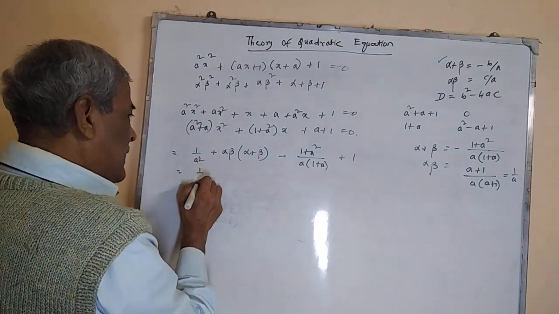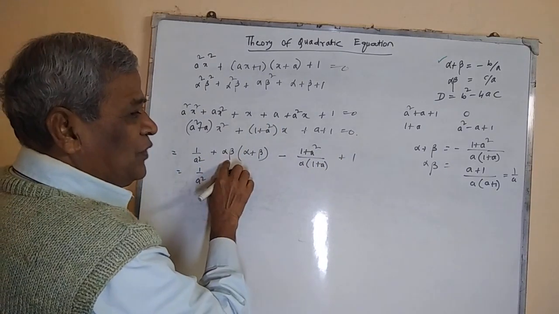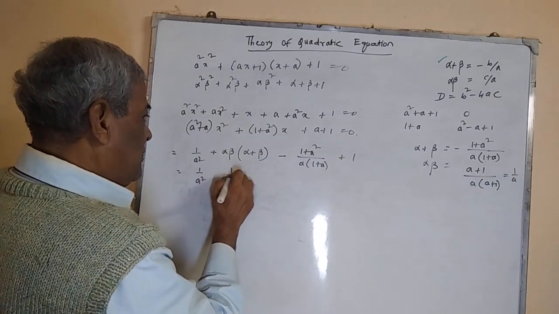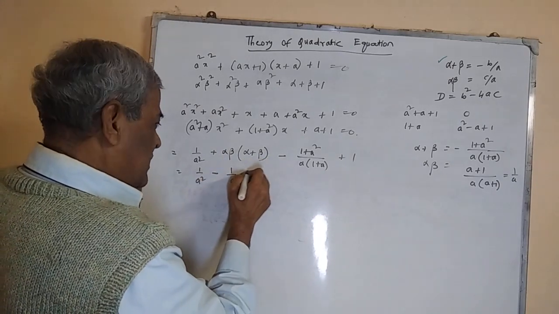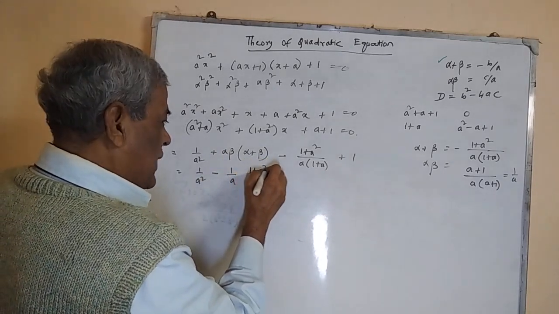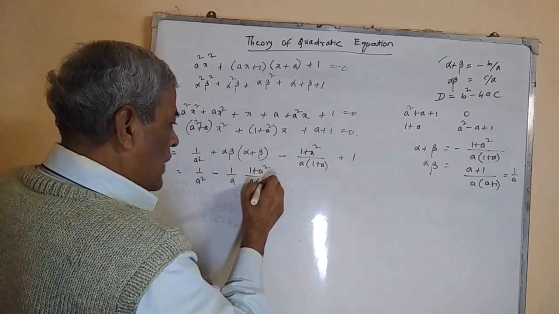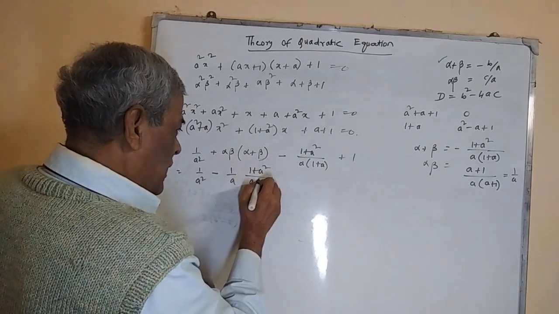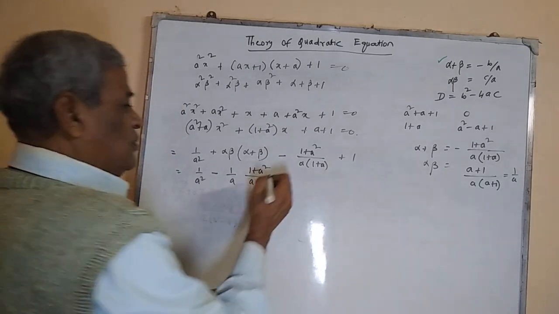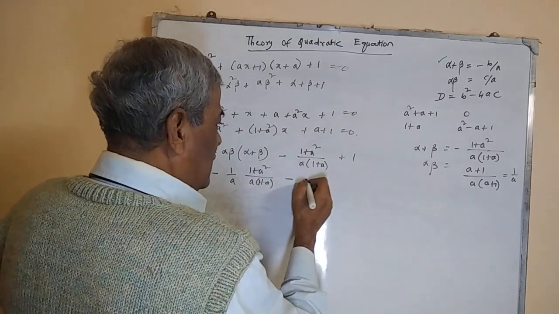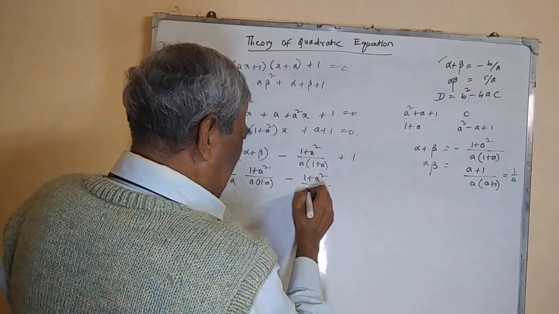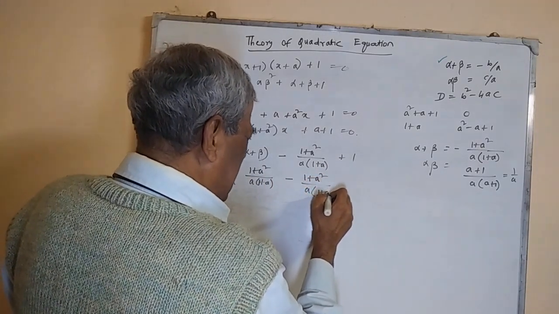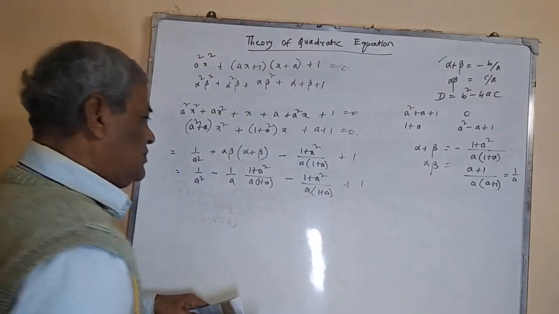Alpha beta is 1 upon a, and alpha plus beta is minus (1 plus a square) by a into (1 plus a), so we get minus (1 plus a square) by a into (1 plus a) plus 1.